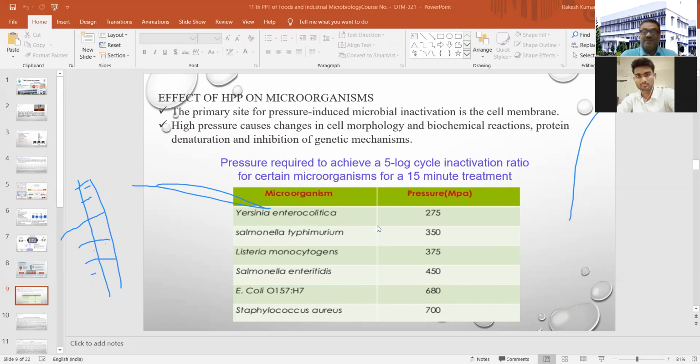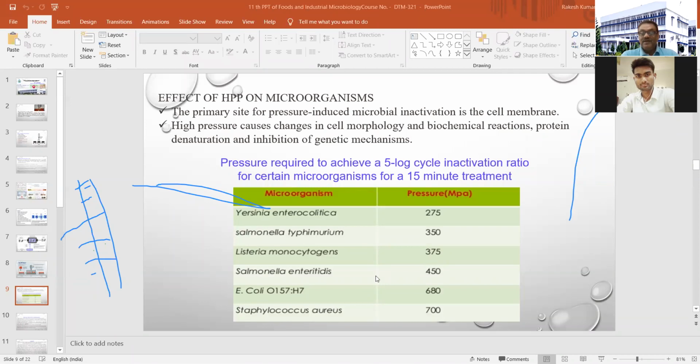And here in this table, the pressure required to achieve a 5-log cycle inactivation for different types of microorganisms in 15 minutes is given. So for Yersinia enterocolitica, it is 275 megapascal, Salmonella typhimurium 350, Listeria monocytogenes 375 megapascal, Salmonella enteritidis 450, Escherichia coli 680, Staphylococcus 700 megapascal.